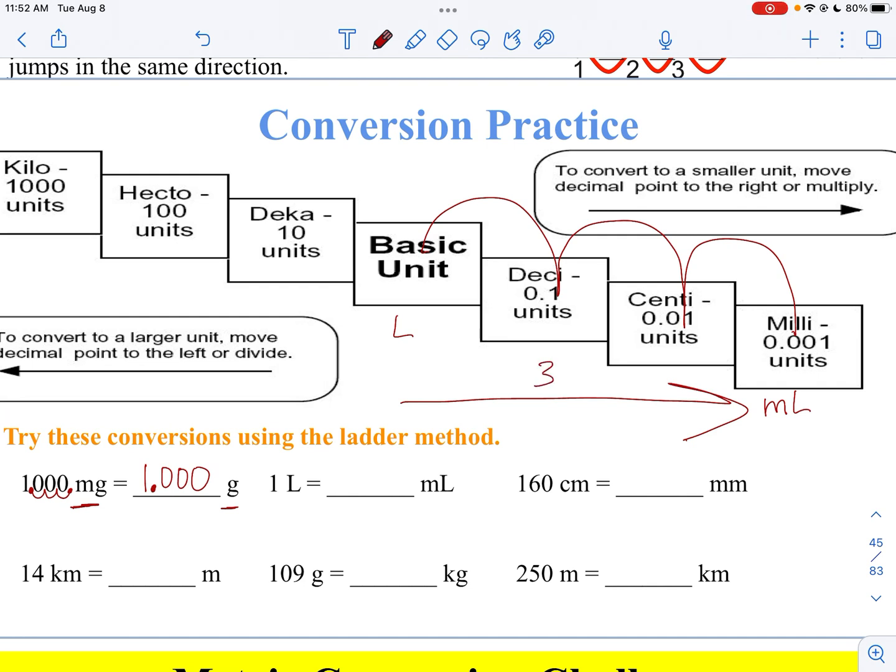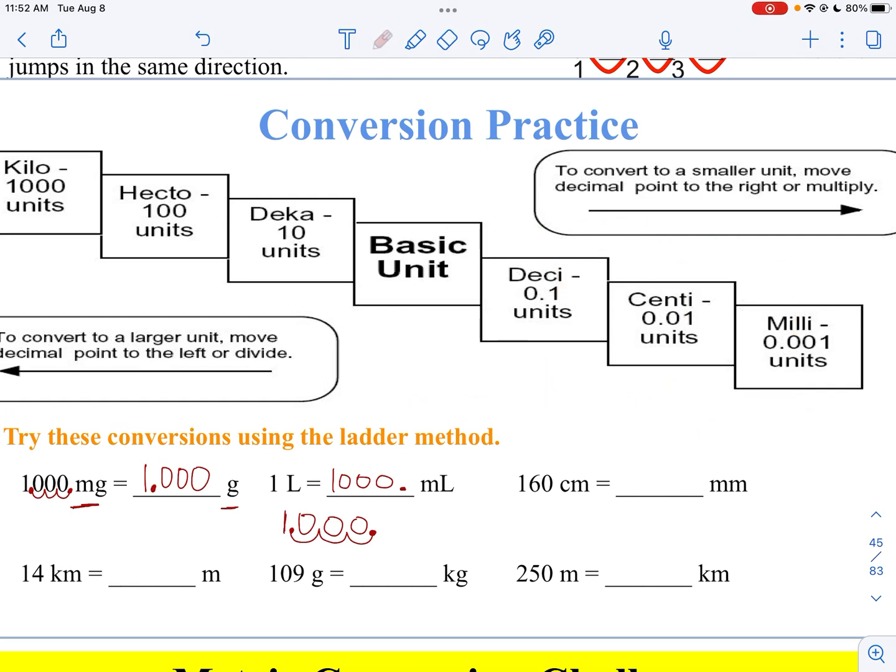That means now I'm going to move my decimal 3 places to the right. So here's the 1 now, and remember, there's an invisible decimal at the end. 1, 2, 3. So there's my new decimal. I have to fill in my goose eggs. So that's 1, 2, 3, and then there's my decimal. Okay, 1,000.